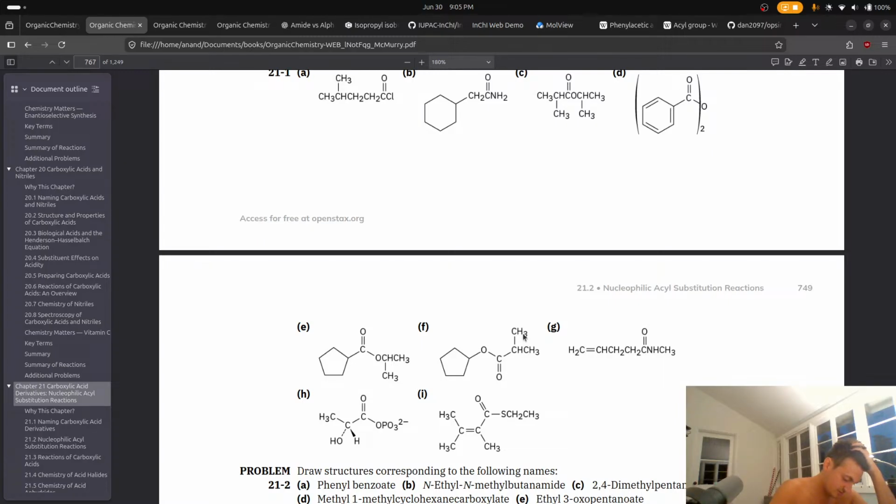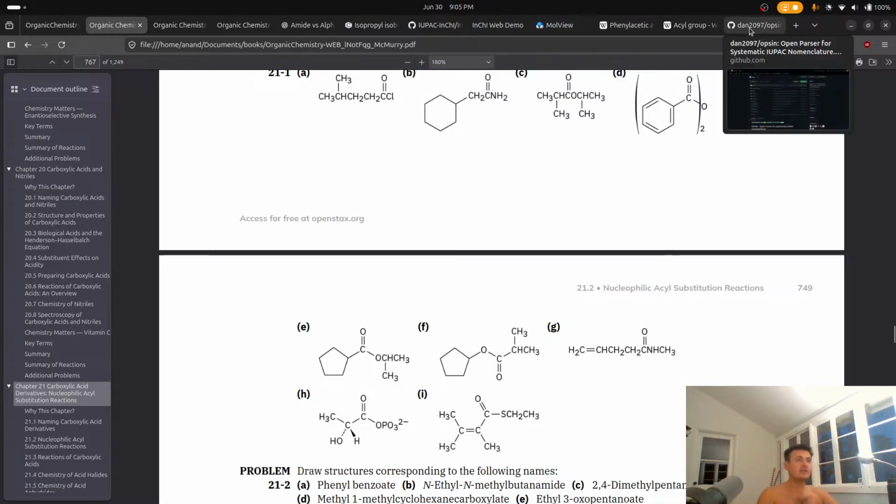So this is going to be cyclopentyl 2-methyl propanoate.